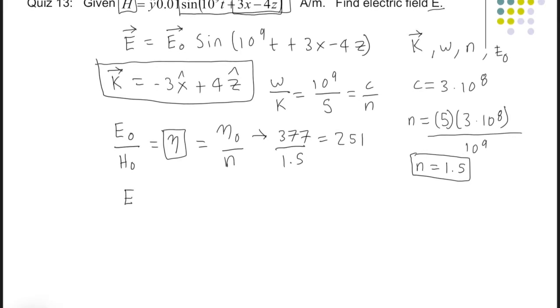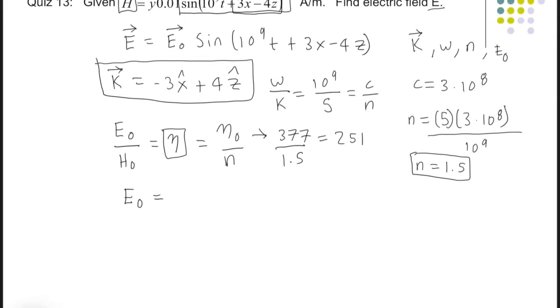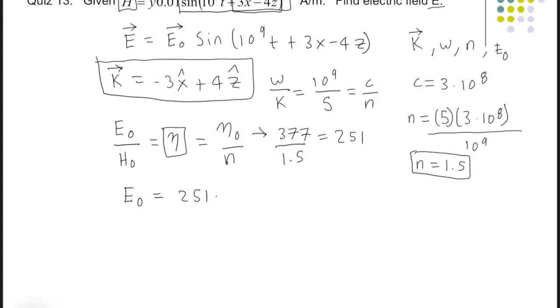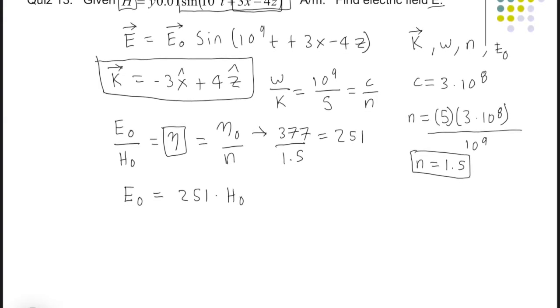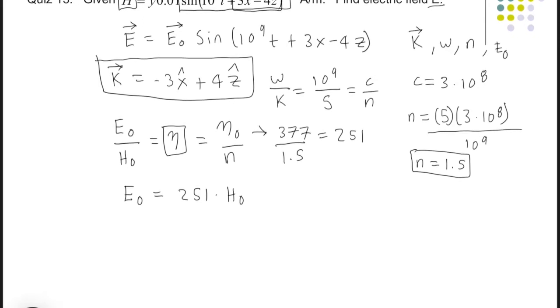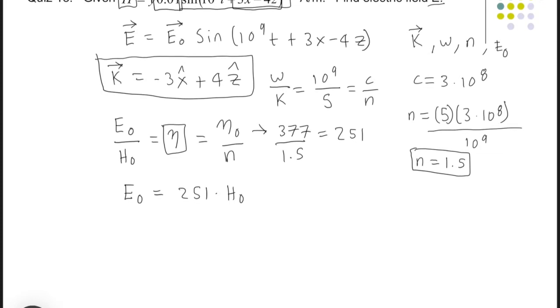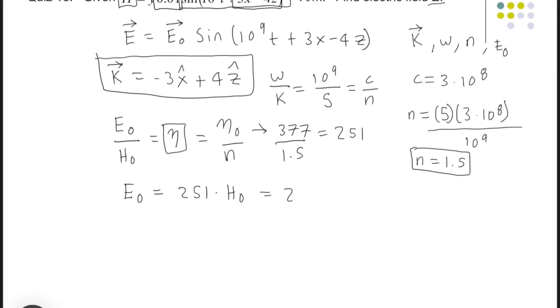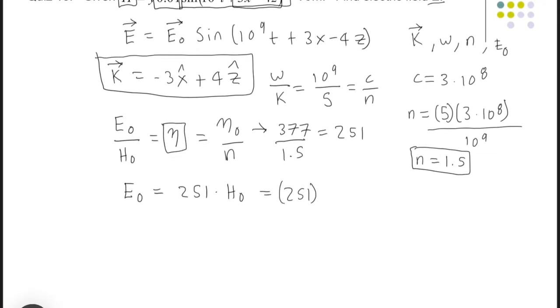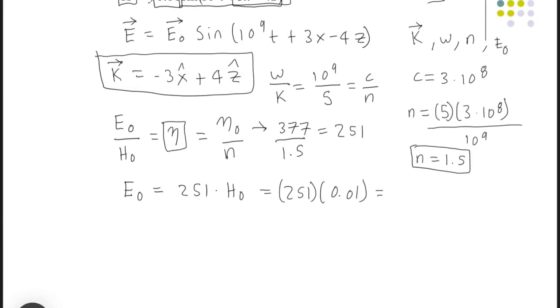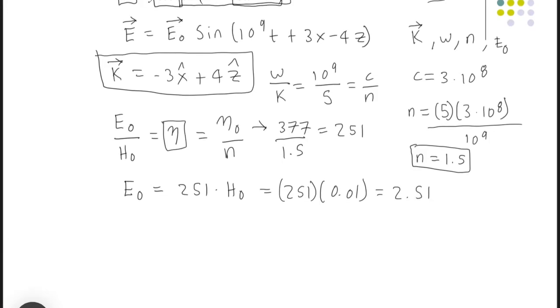So E naught is equal to 251 times H naught. Our H naught for this problem will be 0.01. So we just plug that in. 251 times 0.01 will equal 2.51.